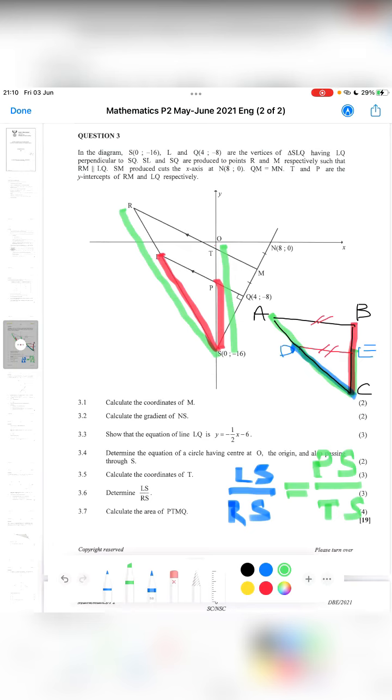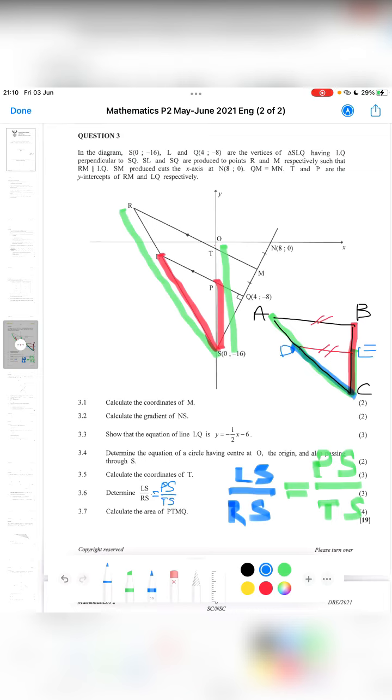Am I losing you guys? No, sir, we understand. Okay, so we can still use that same theorem to then try to answer this question. So this is actually equal to what? Based on what I've explained, is it not equal to PS over TS?